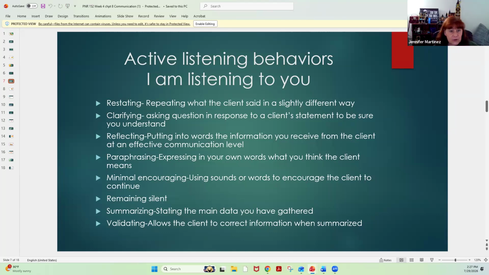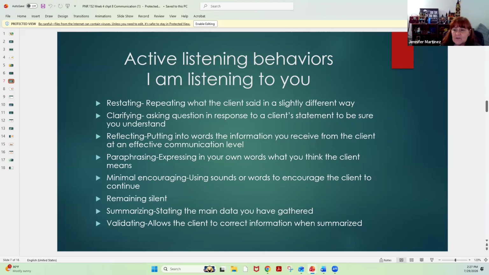Paraphrasing, just like you would do when you're writing a paper or something along those lines, is expressing in your own words what you think the client means. So if the client says, I don't think I'm being told the truth about my condition, then you can paraphrase that: you believe that you've not received the information about your health condition.